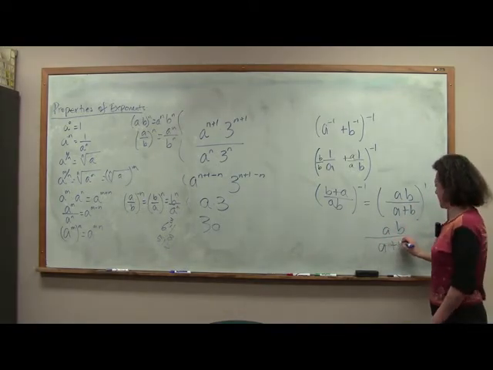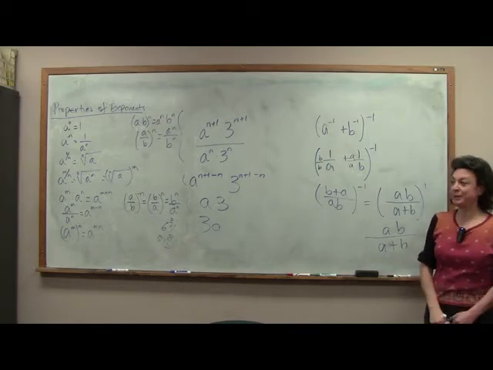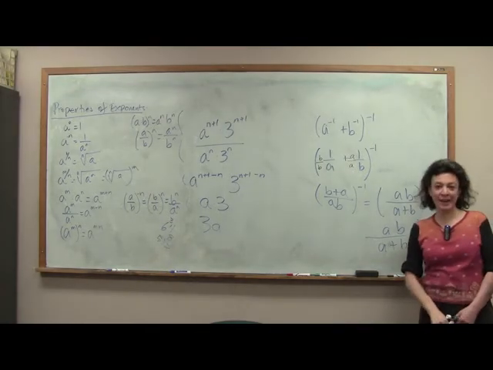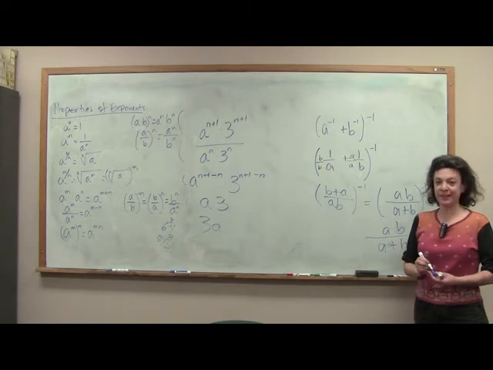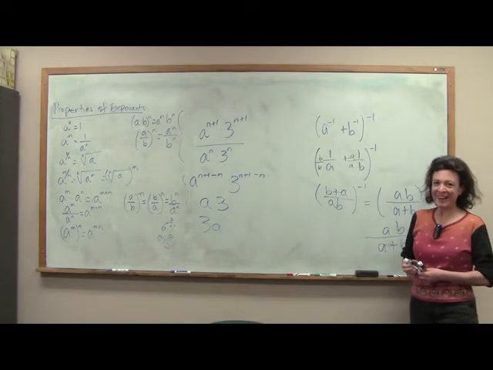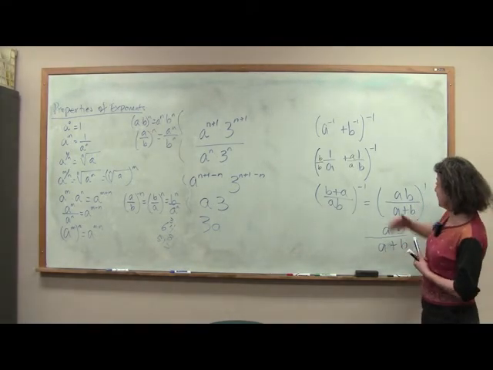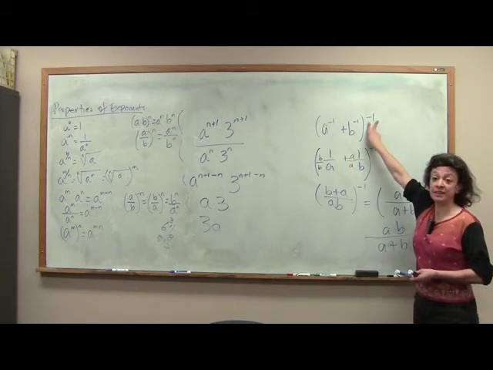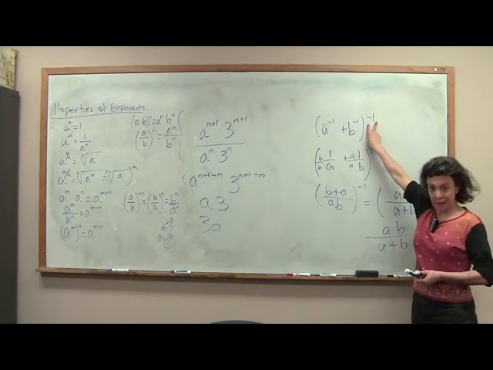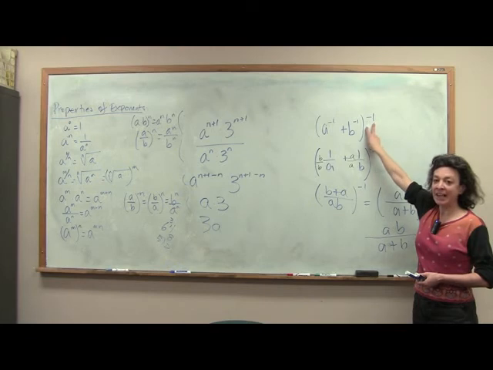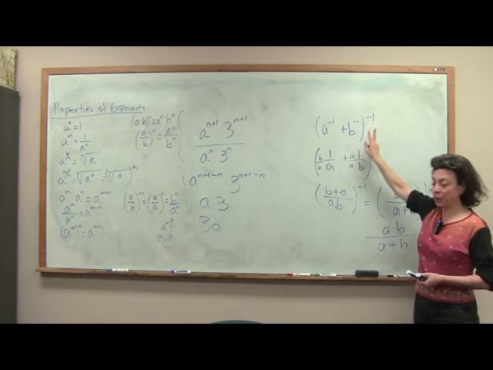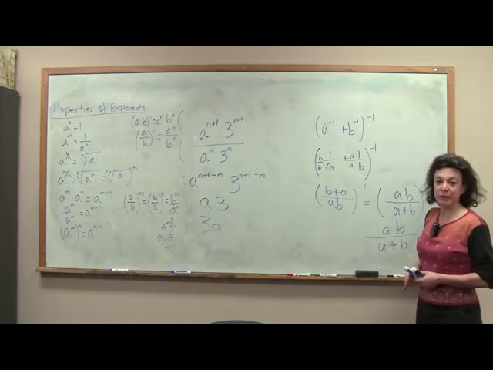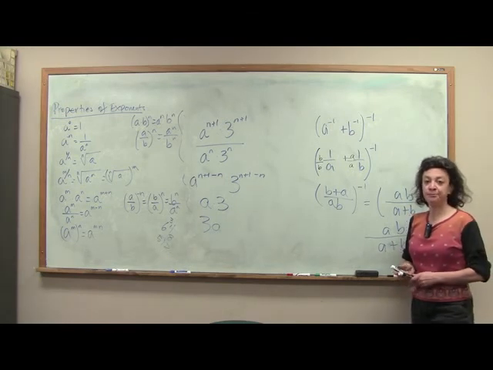In other words, ab over a plus b. Wasn't too bad. I know it's not the prettiest thing we've ever seen. Now, if you're curious if you could address this negative exponent first, you absolutely can, and I highly encourage you to do that on your own, and you will see that we get to the exact same place.